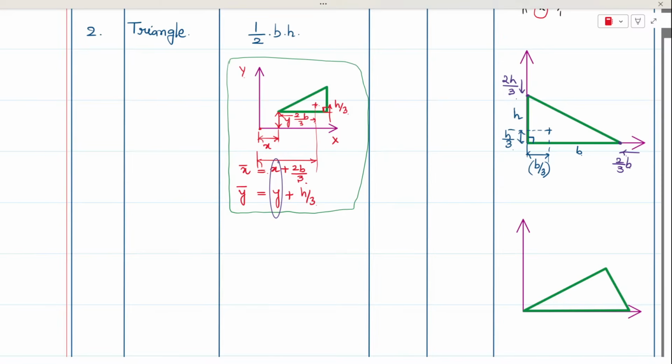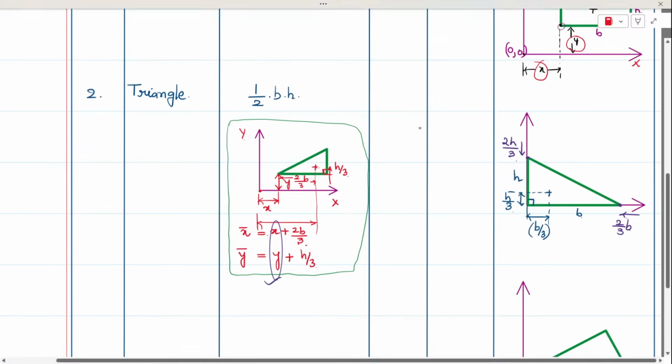That is when we study center of pressure, and the variation of pressure is going to be triangular. For writing a mathematical equation for the pressure variation, we need to make use of these centroidal coordinates. So please don't forget this.